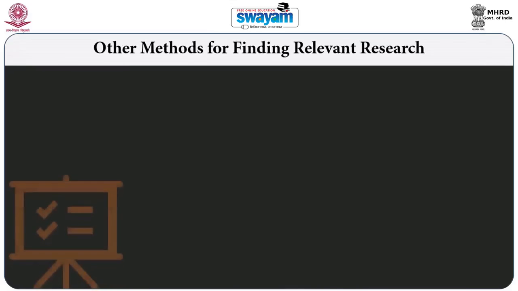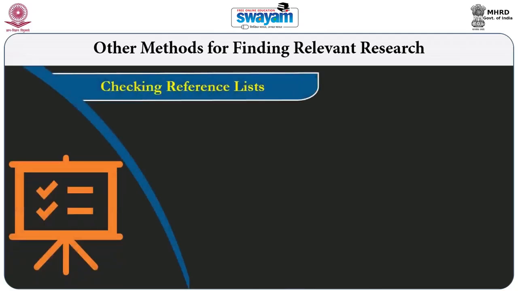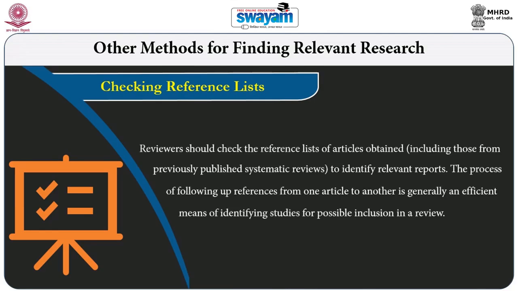Other than the abstract, one can also go to the reference list available in the full text articles that one has found relevant to one's research, so that you can find other articles that are relevant for your research, because if the same article refers to other articles, those may be relevant to your article.